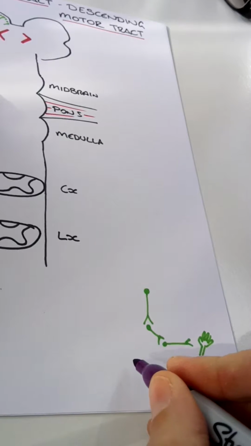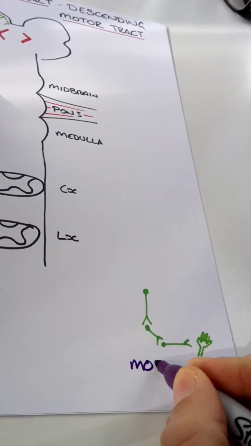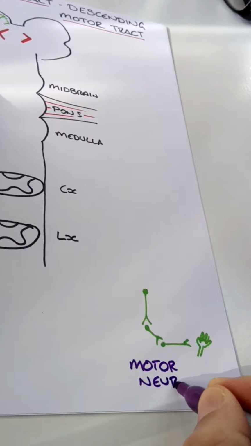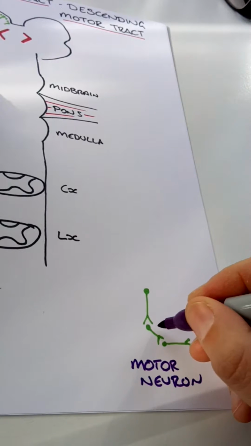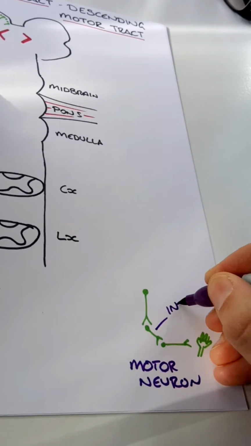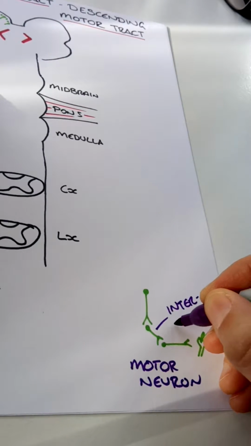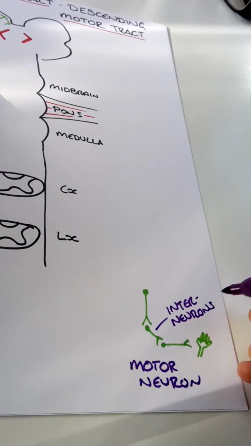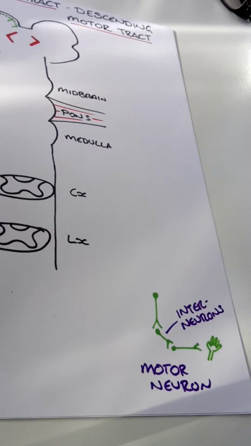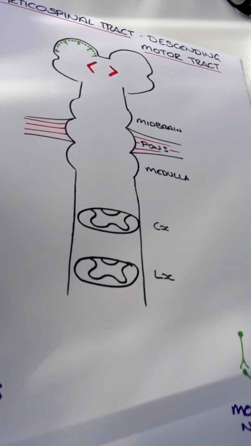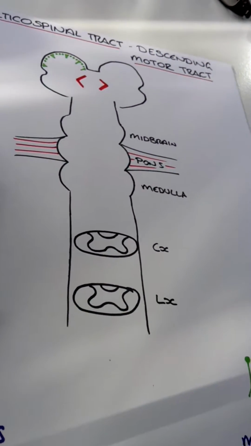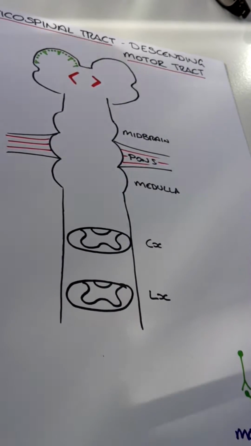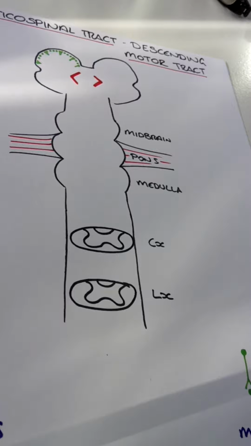So all that means is it's a tiny bit slower. Betz cells and these regular motor neurons are all motor neurons, just that Betz cells are more direct and a little bit quicker. Okay, nothing too dramatic there.